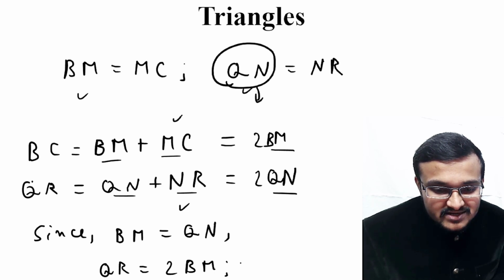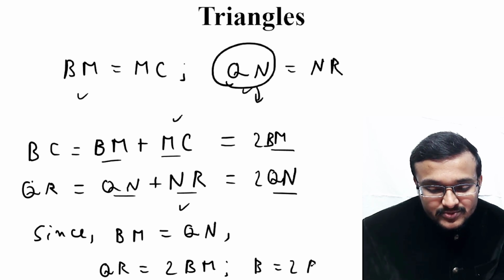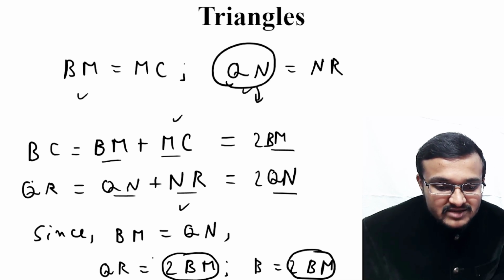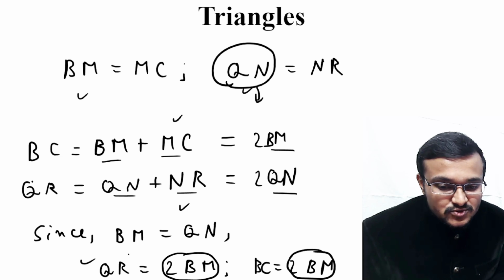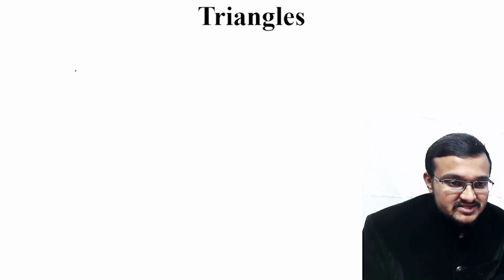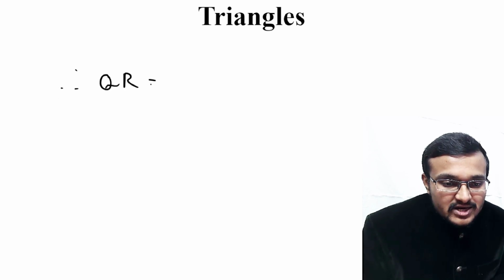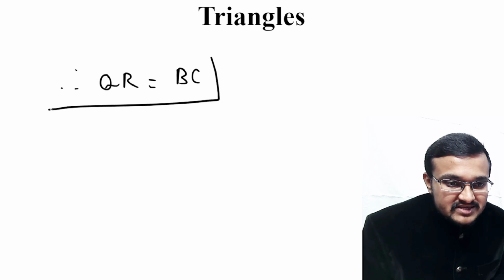And we also know that BC is equal to 2BM. So here you can see, in the RHS, 2BM is getting equal to each other. So QR will be equal to BC. So therefore QR is equal to BC.